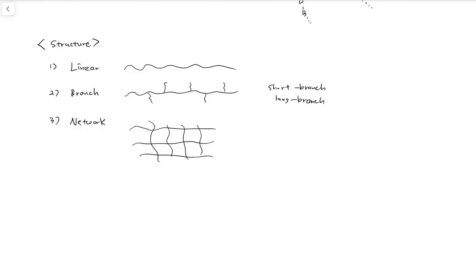The reason is that if you look at linear or relatively short branched polymers, the molecules, the polymer chains can move relatively freely. Okay, so it can basically be molded when you make some kind of products using polymers. Okay, so these kinds of moldable polymers are called thermoplastic.